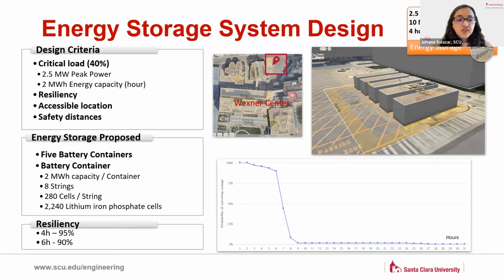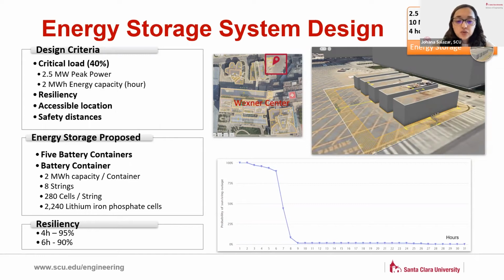So for that, we found that a system with 2.5 megawatts of peak power will be able to supply such amount of energy or power capacity. For the energy capacity, we went into the REopt tool and analyzed the financial side of the energy storage system.